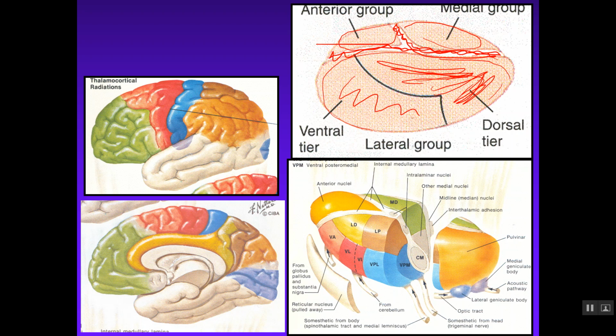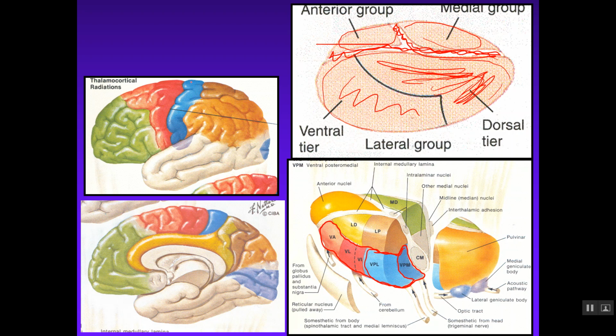The ones that we've talked about so far are mainly these here. The ones we've talked about the most are the VPM and the VPL. This is where you get sensory information coming up from your body and your face.